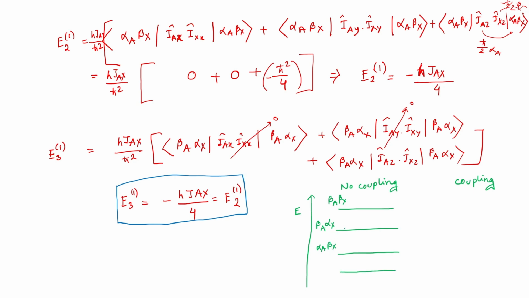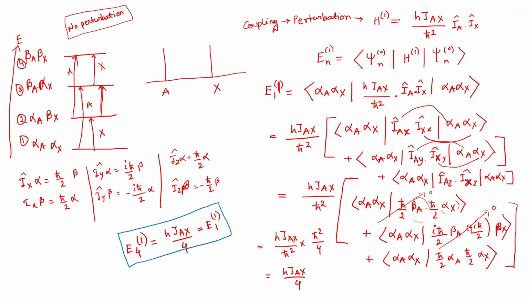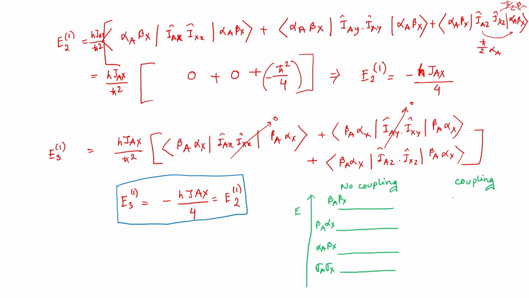Why is this higher than this? This is coming from the shielding, that sigma A is less than sigma X. And now we knew the energies, right? In the first case, there is addition of h Jx by 4, which means there is destabilization here, for the 1 4.